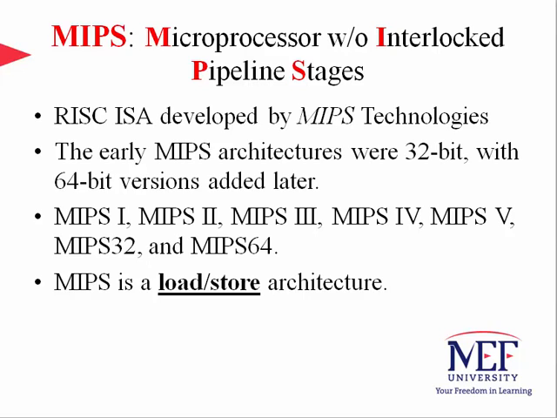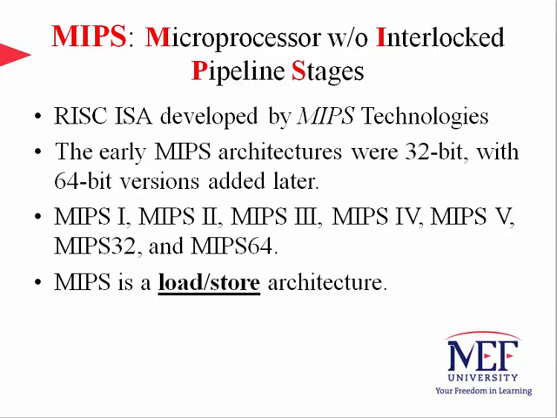And for the sake of keeping the microprocessor design simple, MIPS does not use any interlocks in the pipeline. So this RISC ISA was developed by MIPS Technologies. The early MIPS architectures were 32-bit and 64-bit versions were added later. Some of the names of these versions are MIPS 1, 2, 3, 4, 5. And there have been 32-bit and 64-bit versions as well.